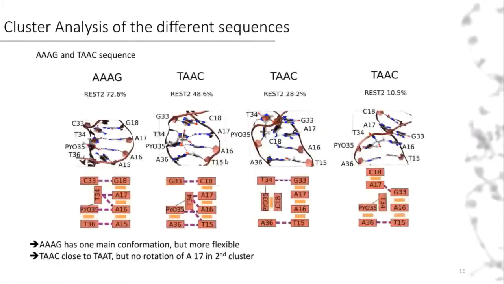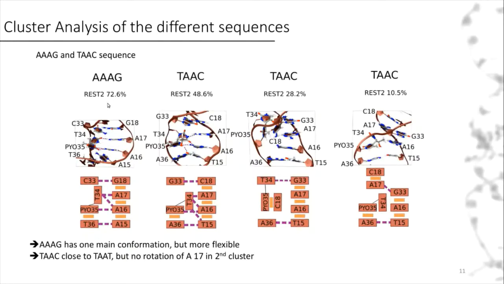For AAG and TAC, for AAG, you have the same main cluster as before, and for TAC also, but for AAG we found only one cluster.